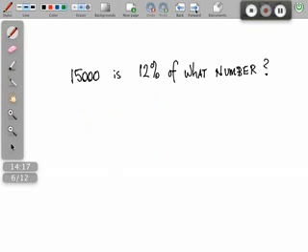And finally, 15,000 is 12% of what number? Well, 15,000 is 12% of what number? These are now translated into equations, which we will now solve for x, our unknown.